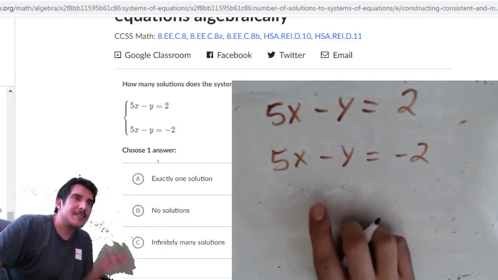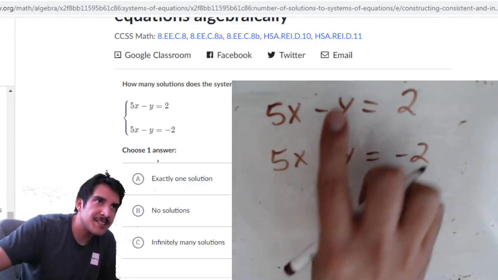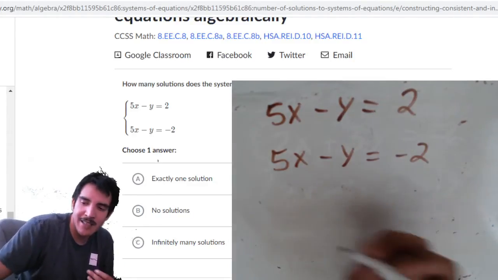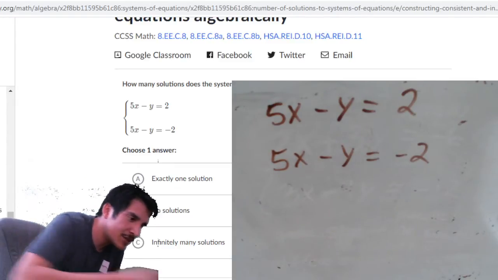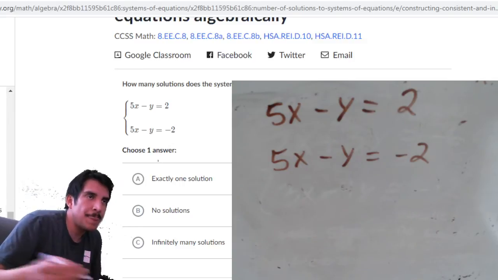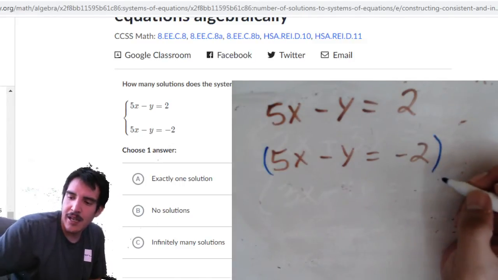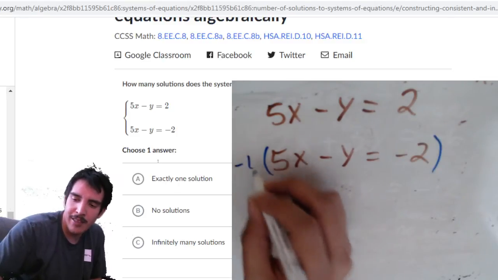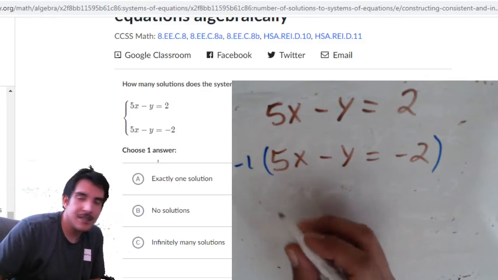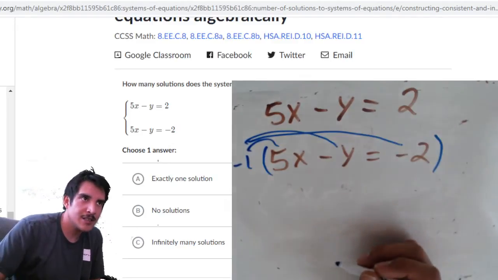Now, I'm going to use elimination in this case. So, do I have any opposites in my variables? I do not. So what I'm going to do is I'm going to make them be opposites, okay? So, for example, I'm going to take this equation right here, and I'm going to make everything negative. So I'm going to distribute this negative 1 to everything.